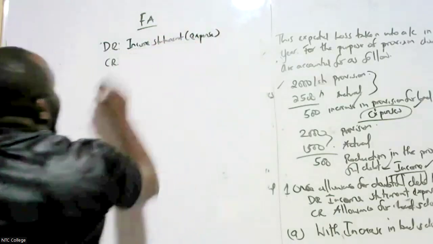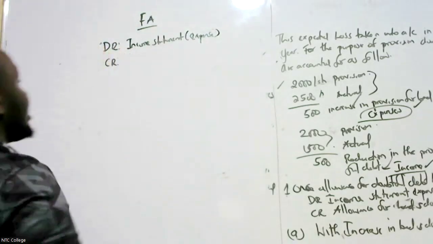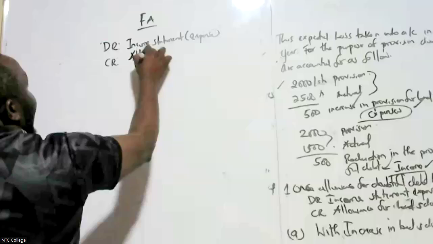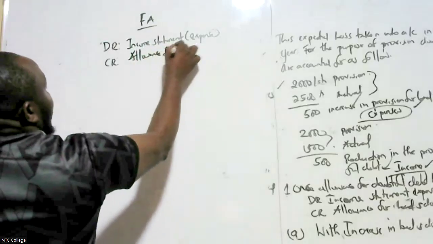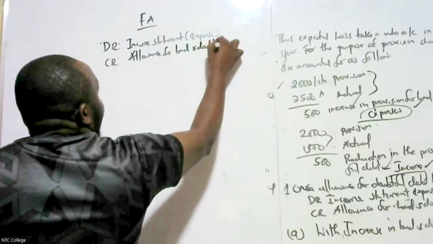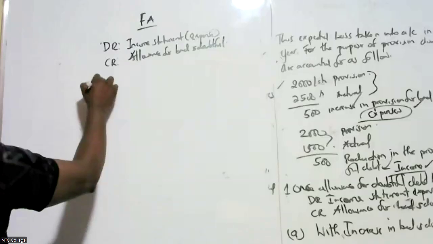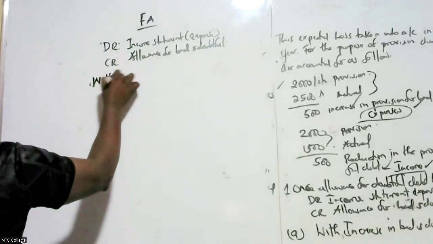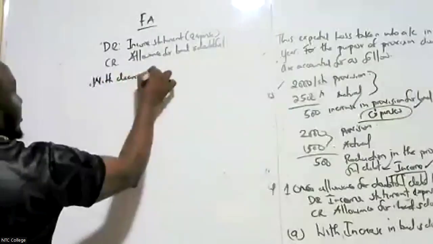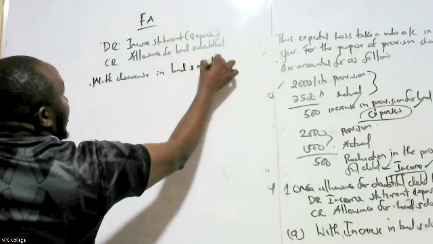And then we credit allowance for bad and doubtful debt. Together, team. So scenario 2, we call it with a decrease in bad and doubtful debt.